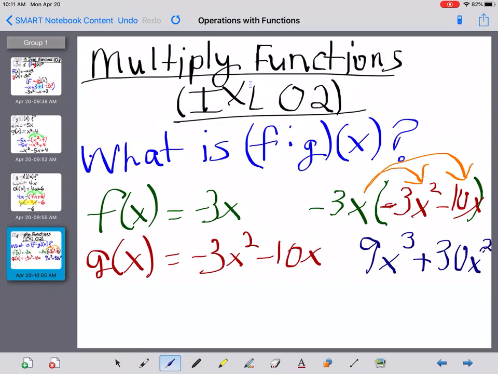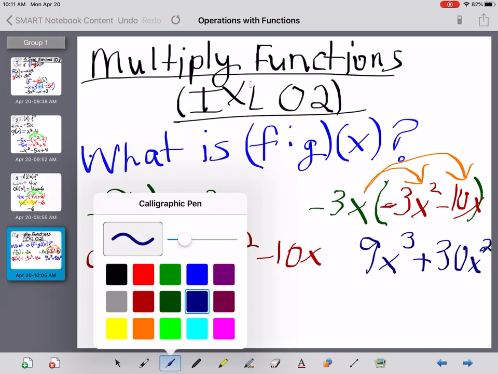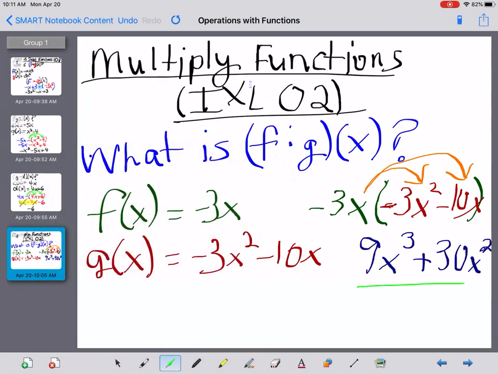So 1 plus 1 gives us 2. So we have 9x to the third plus 30x squared. And that is all we can do.